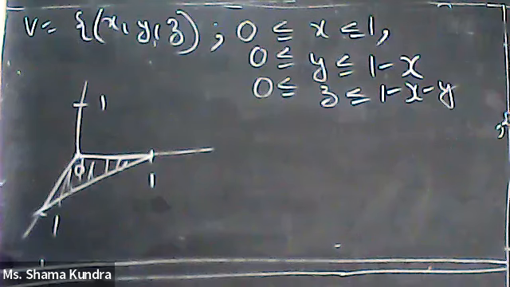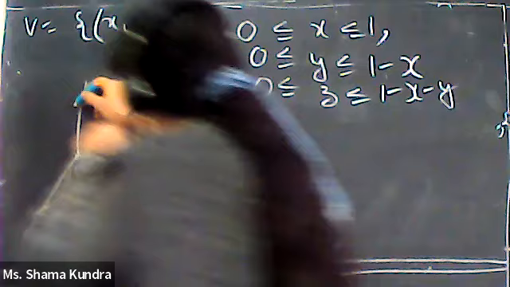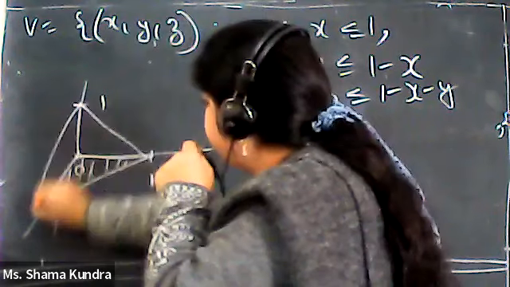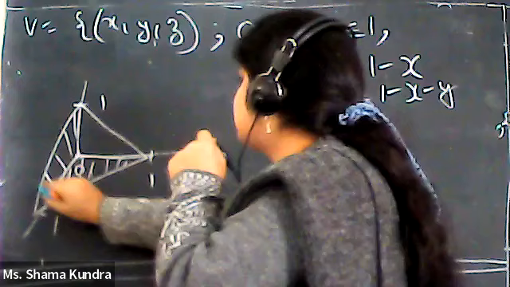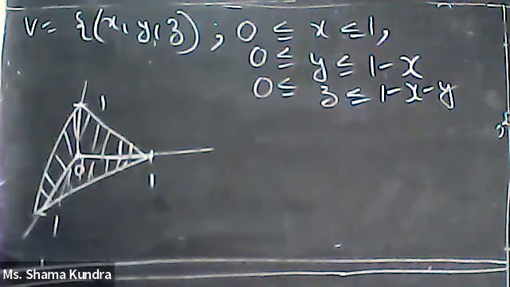Now we take z as well, and we cover these two portions. We have completely covered the 3D structure. So we take x from 0 to 1, y from 0 to 1 minus x, and z from 0 to 1 minus x minus y.